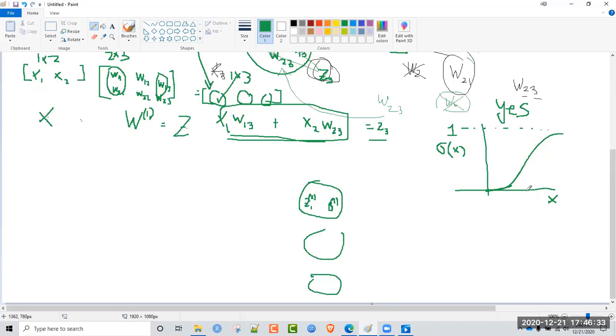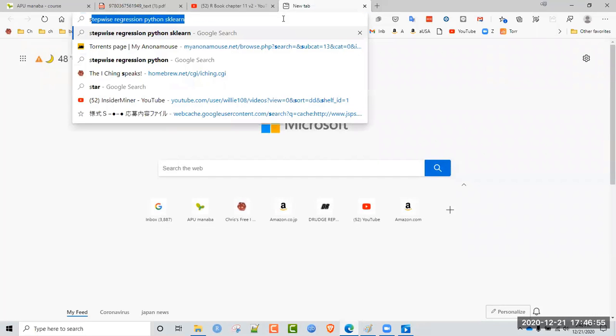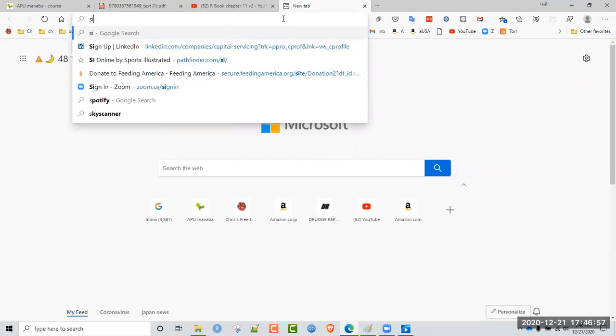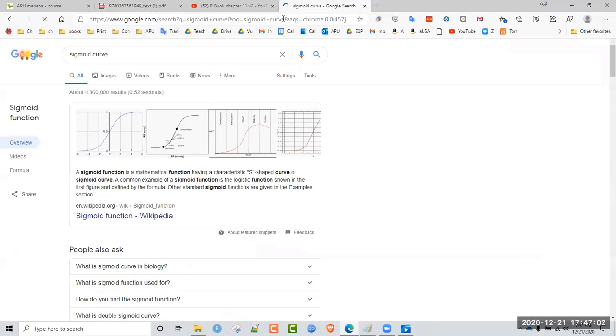So if you put in, I hope I have this curve right. Is this right? I think so. Okay, so if you put in 0, actually I have to go back and check. Let's just check quickly. Sigmoid curve. I always forget.